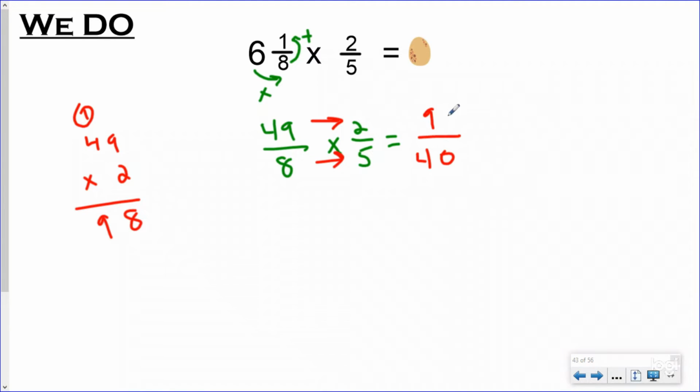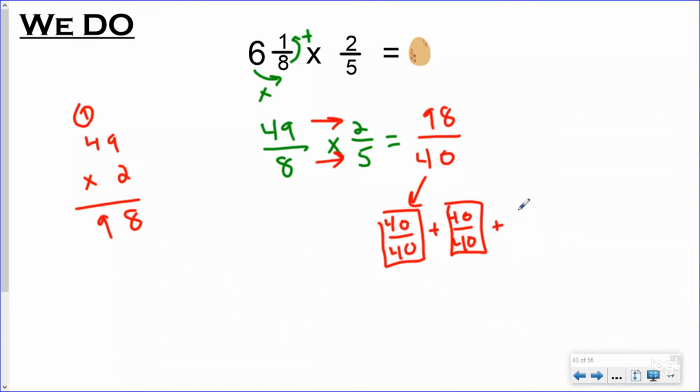My answer is 98. I see here that this is an improper fraction, so I'm going to take out my big 1 number bond of 40/40. I can take out another one of 40/40, and then that leaves me with 18 left over.